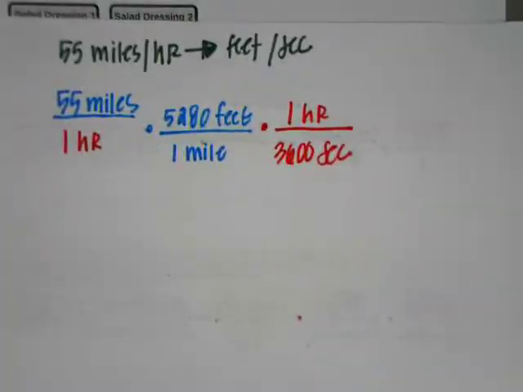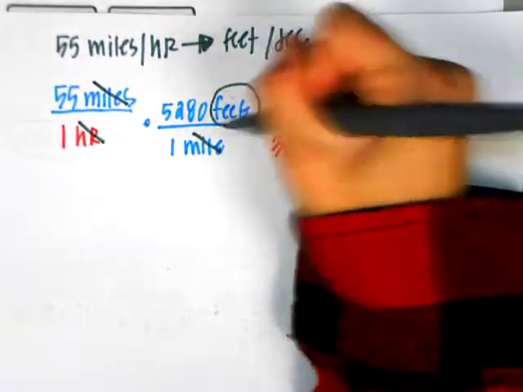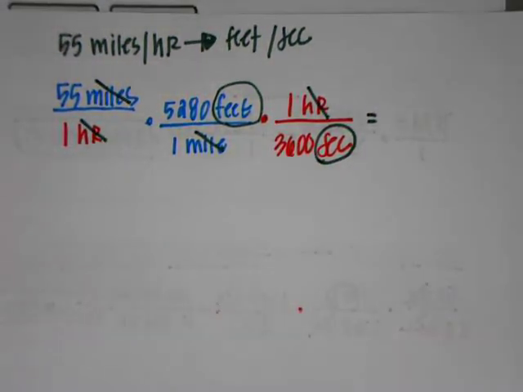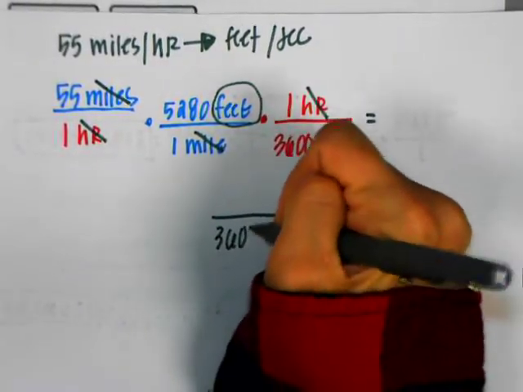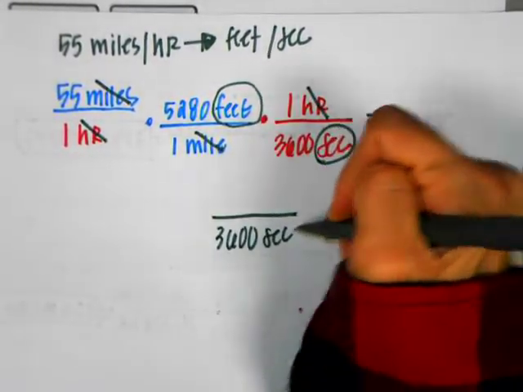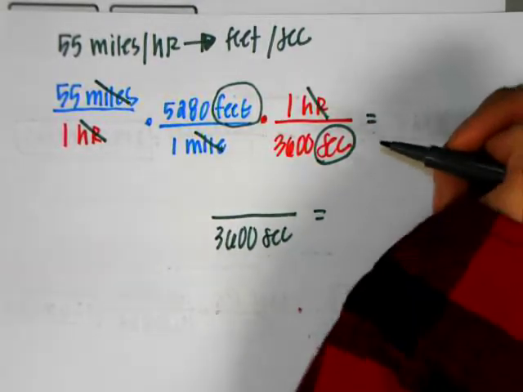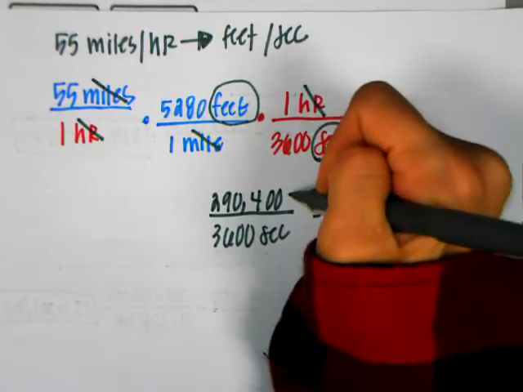All right, so these cancel. So you have feet per second left. So we multiply that. The top is 290, 400 feet.